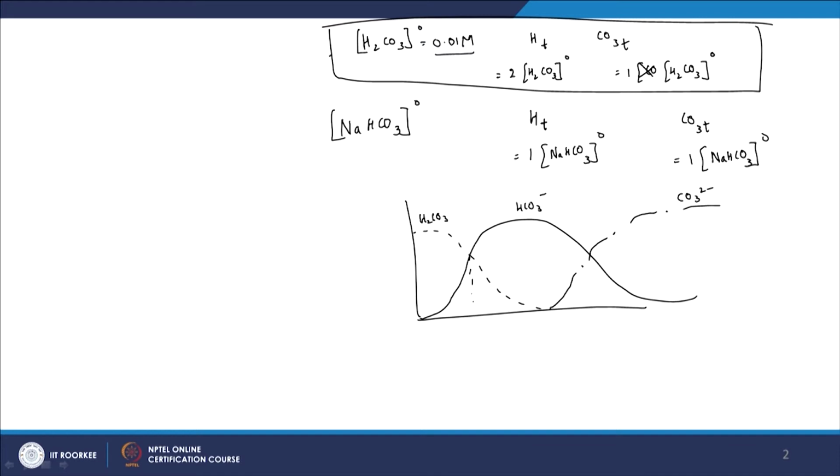We know that the pKa1 value is 6.3, and I think pKa2 is around 10.3, and our current example has our pH at 4.1. As you see at 4.1, almost all of it is H2CO3, and very little of the carbonate is in the form of HCO3 minus, and there is a negligible or no amount of CO3 2 minus present at pH 4.1.